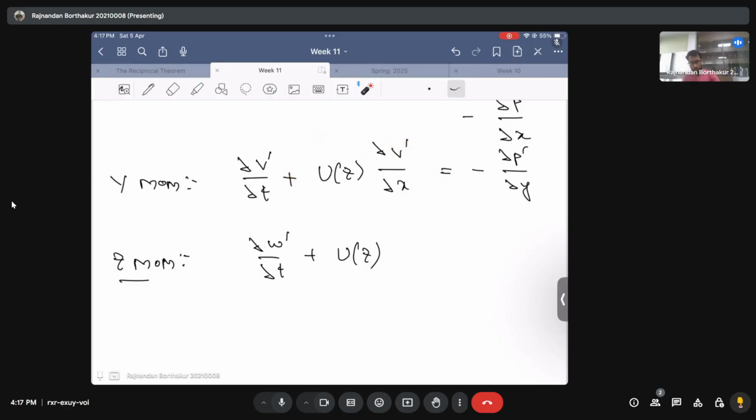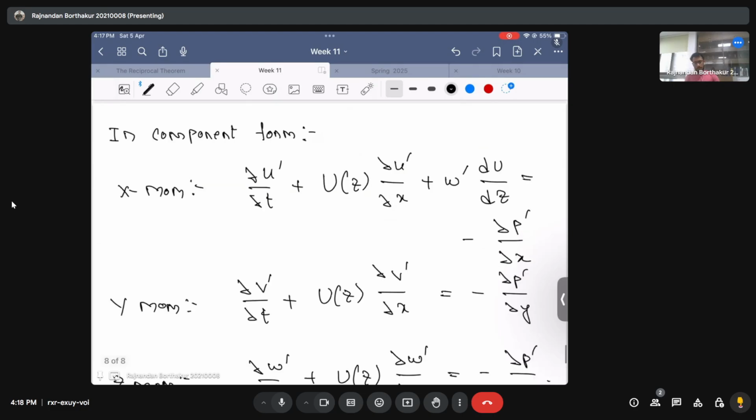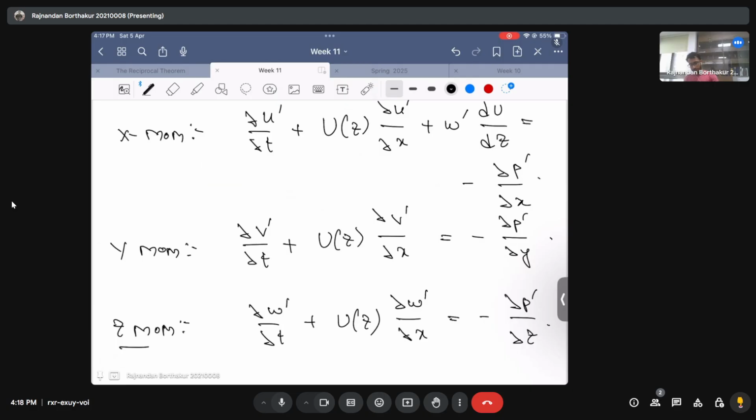This is a pure linear term because the base flow profile is already known to us. This is u of z times del w prime by del x, and then we have minus del p prime by del z. So these are your x, y, and z momentum equations.